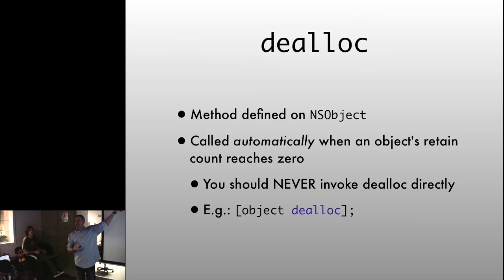So dealloc is a method that's defined for every NSObject. It's called automatically when the retain count reaches 0. It's very commonly overridden to provide additional cleanup when your object goes away. Like a common one is an object that has file descriptors in it.